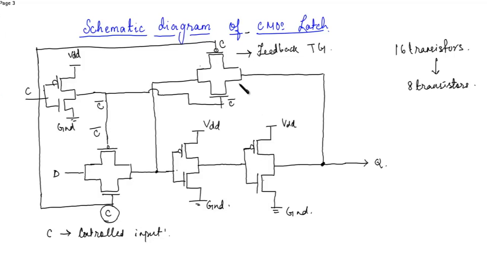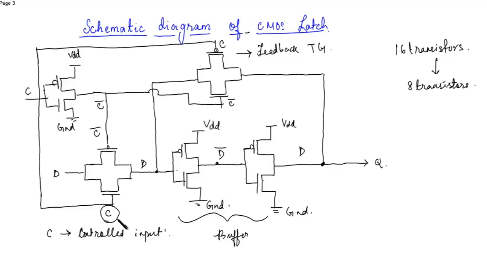When the transmission gate is conducting, the data input value is connected to the first inverter input, which generates D bar. Here, if we get D, then here we'll get D bar, then again here we'll get D. So this just acts like a buffer which buffers D to the output Q.